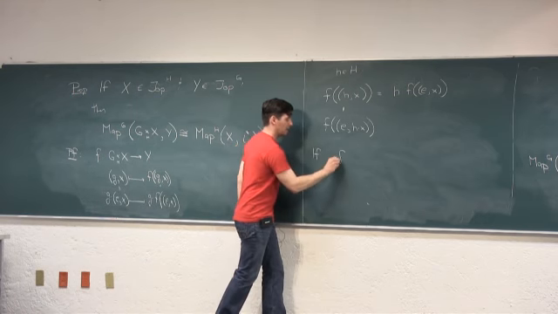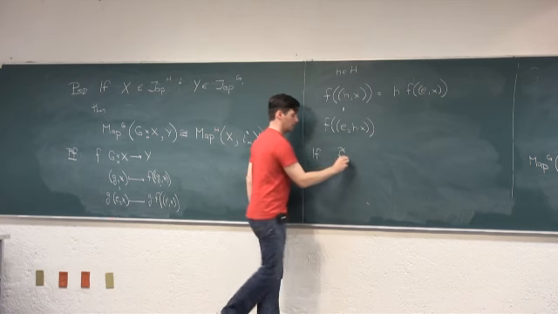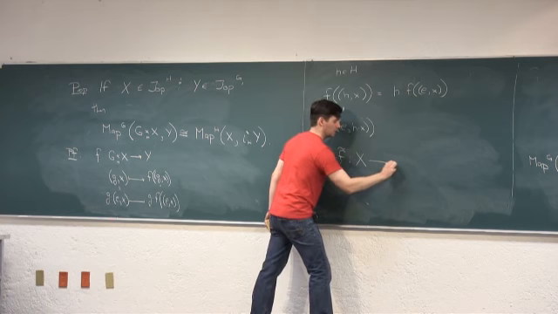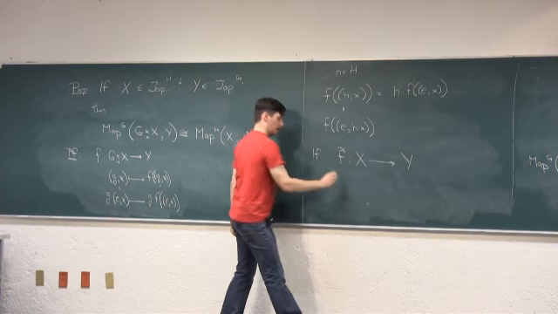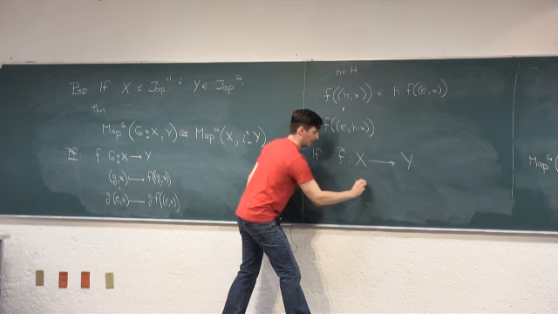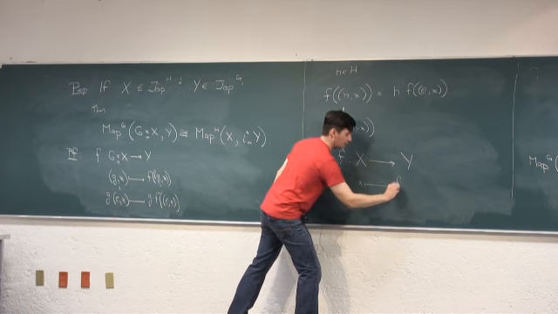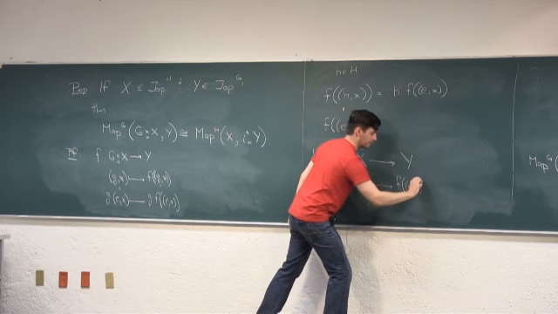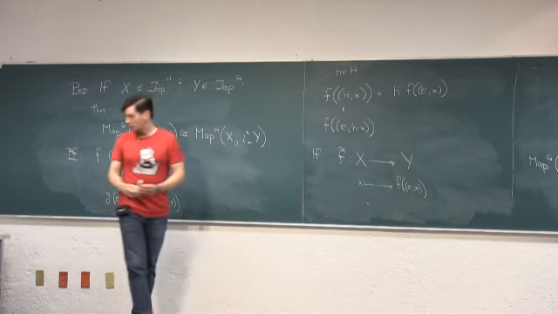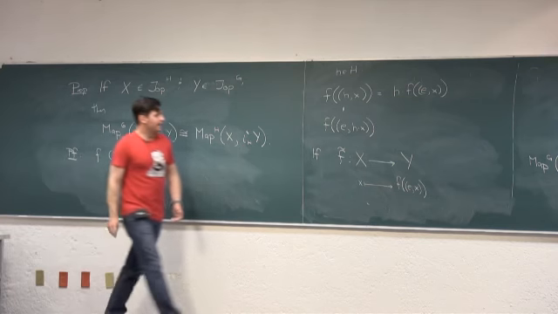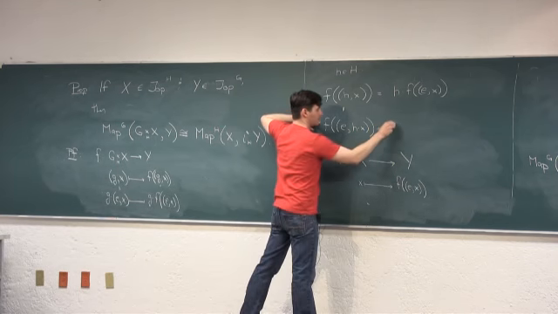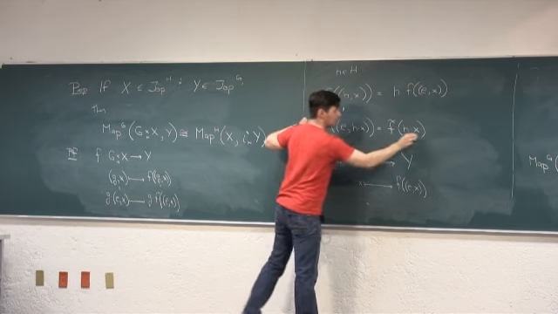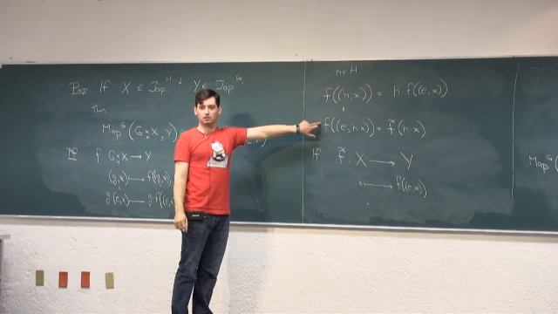So if I say my function is specified by its values this way, so if I define f tilde, and this is going to take me from points of X to Y by a point little x goes to f of the pair identity x, then this guy is f tilde of h times x.